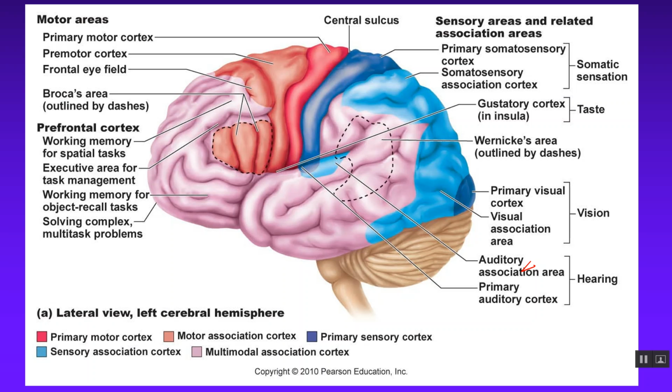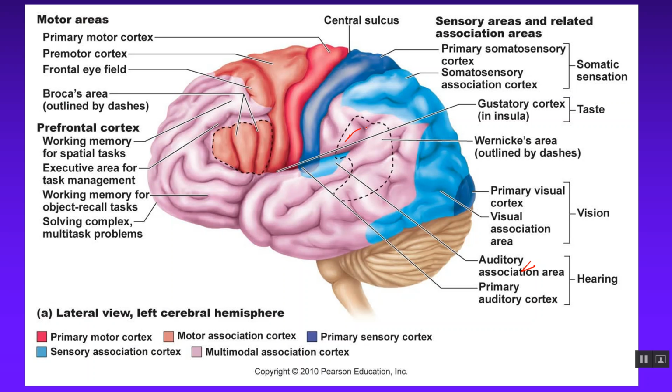About 80 to 90% of our communication is nonverbal, so the right side is also important for communication. When you think about speech and reading and writing, that's the left side. So when you look at some of these areas that they outline, some of those are more related to actual spoken and written languages on this left side.